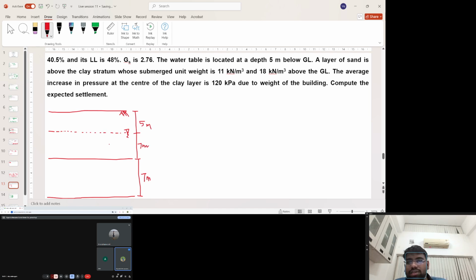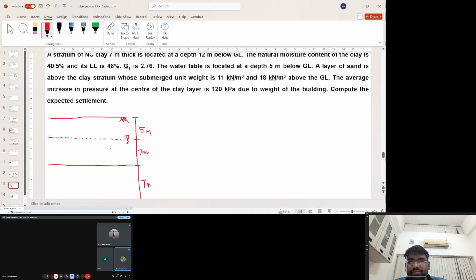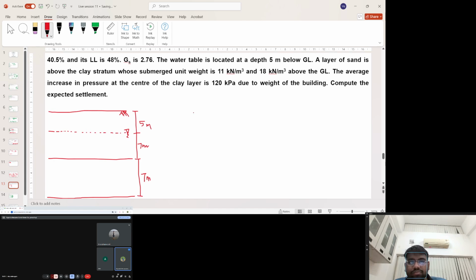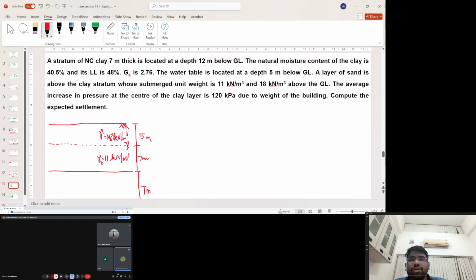Now this is sand, where this will be 18 and 11. The submerged unit weight, gamma sub, is 11 kilonewton per meter cube. Here gamma is 18 kilonewton per meter cube. What is gamma W, sir?